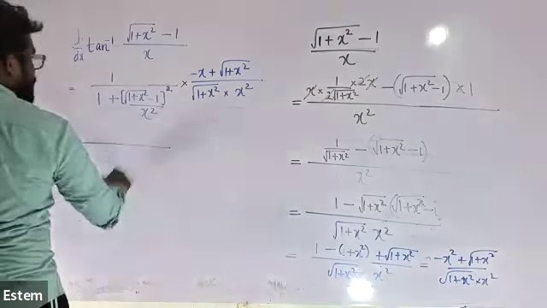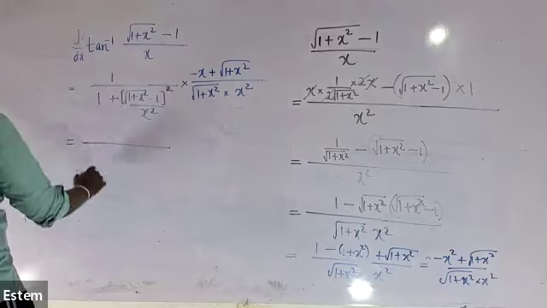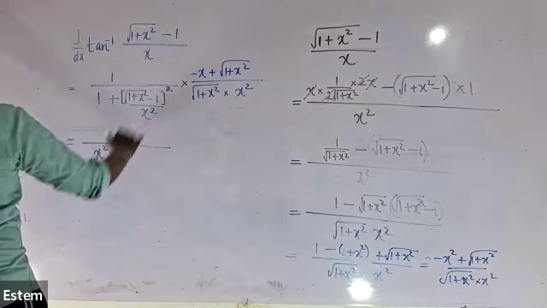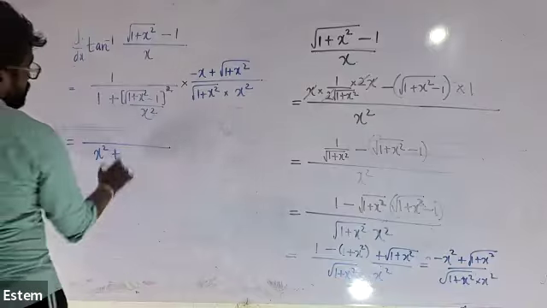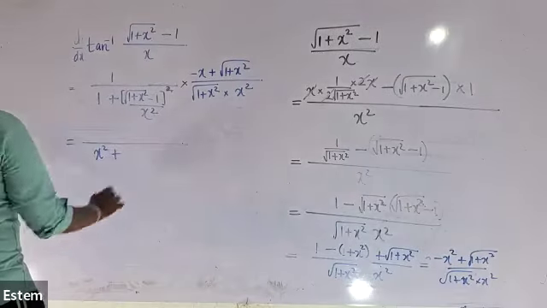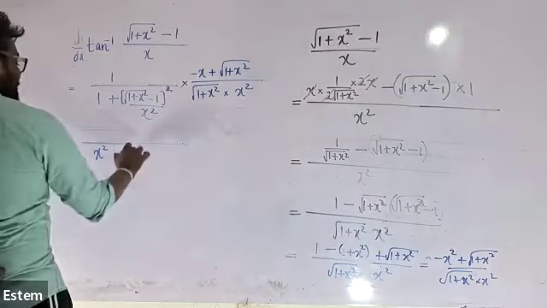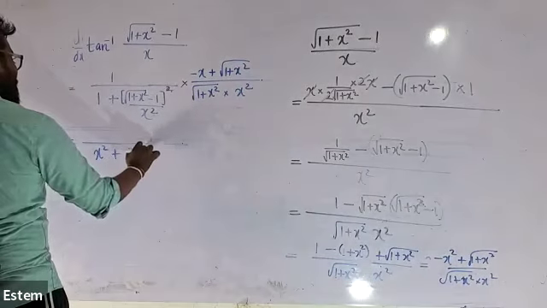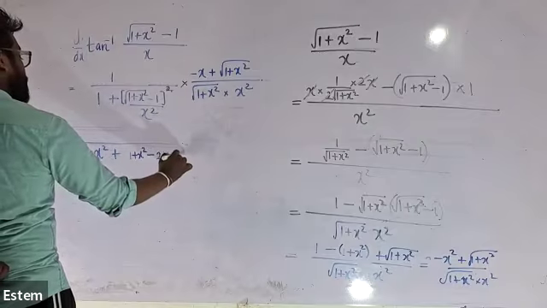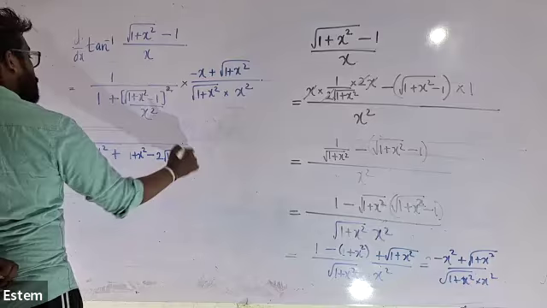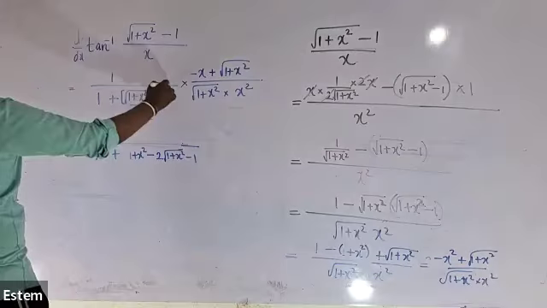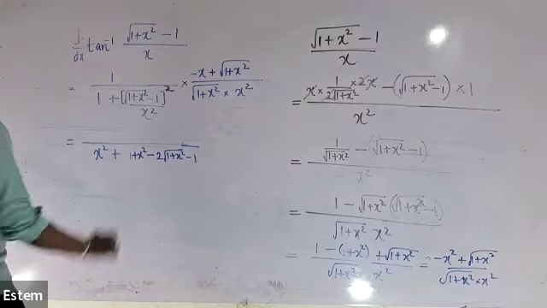Then we can get a common denominator x squared, then x squared plus this is squared. Oh my god, this is squared. Oh yeah, it is 1 plus x squared minus 2 times the square root of 1 plus x squared and minus 1. I take the entire square of this.